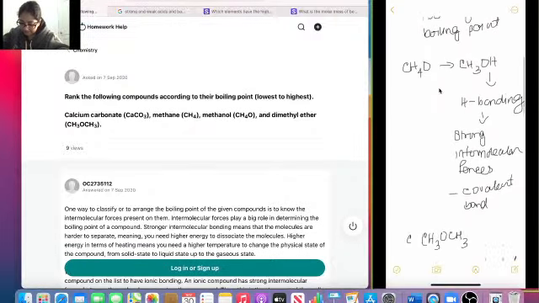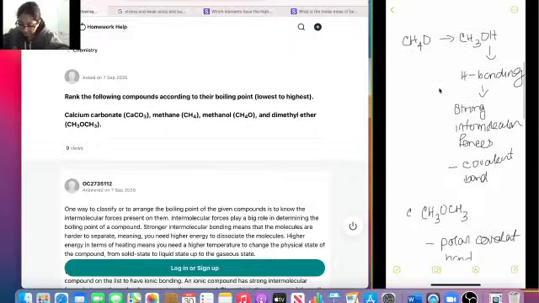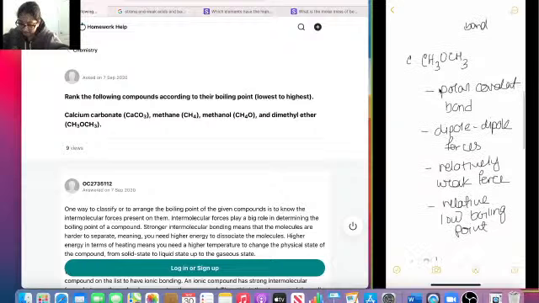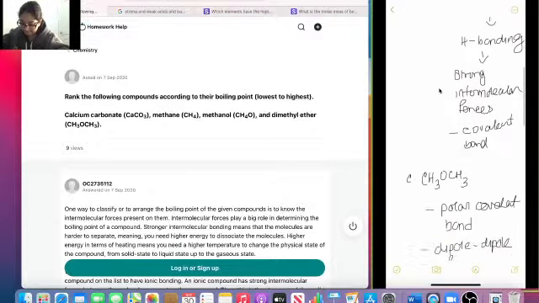Now let's compare dimethyl ether and methanol. Methanol has hydrogen bonding, whereas dimethyl ether has dipole-dipole forces, right? Dipole-dipole is relatively weak. It's weaker than hydrogen bonds. So this would have a relatively lower boiling point than methanol, okay?